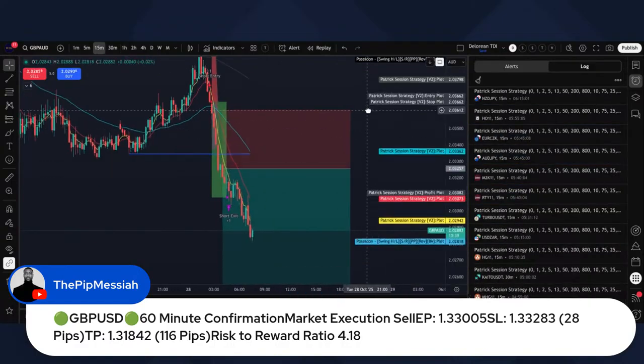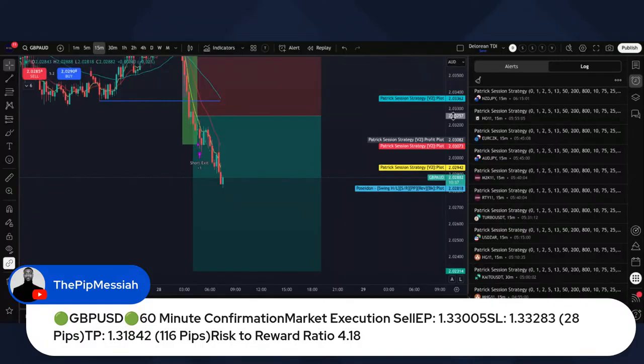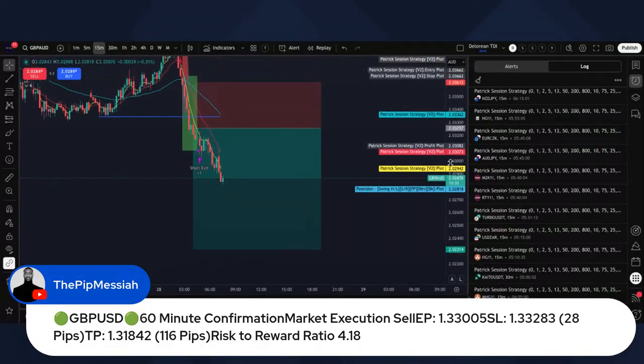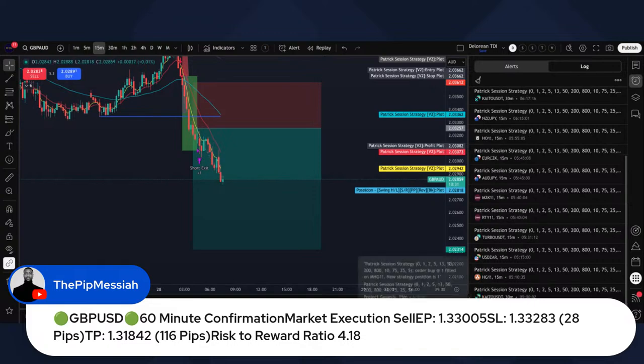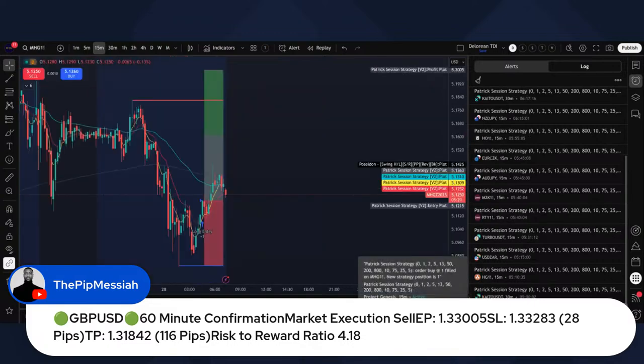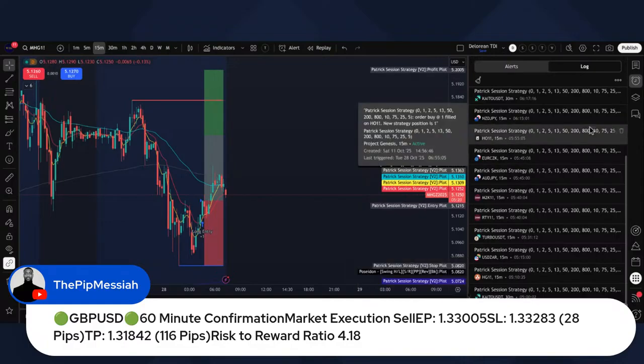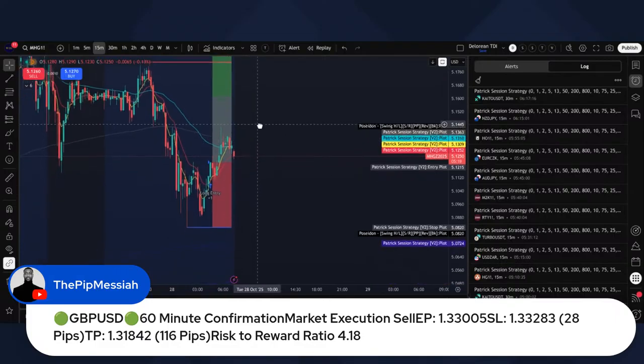Okay, we're already in Great British Pound versus Australian dollar. That's doing quite well for us. All right, so this is not going to be a good trade for us.